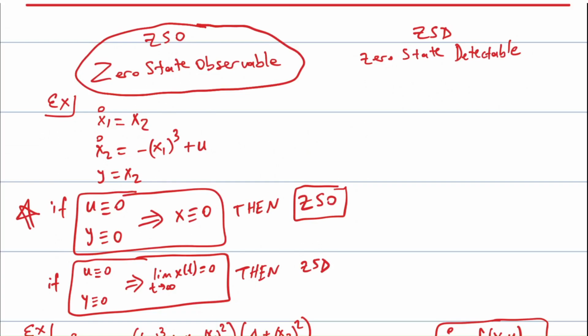You substitute 0 for u, and then substitute 0 for y, and this will be an algebraic manipulation. Then you look at whether the state vector is 0 or not. If in fact the state vector is 0, then you will conclude yes, the given system is zero state observable.